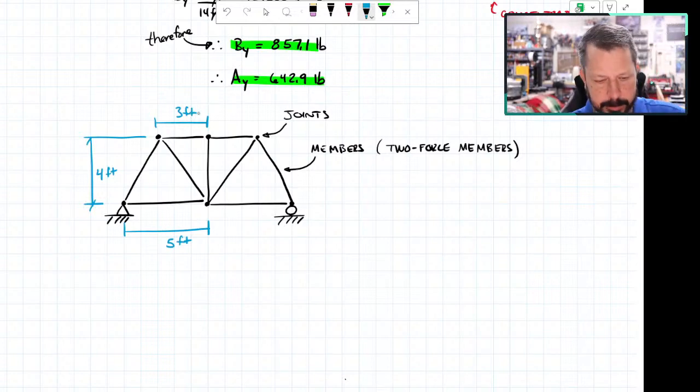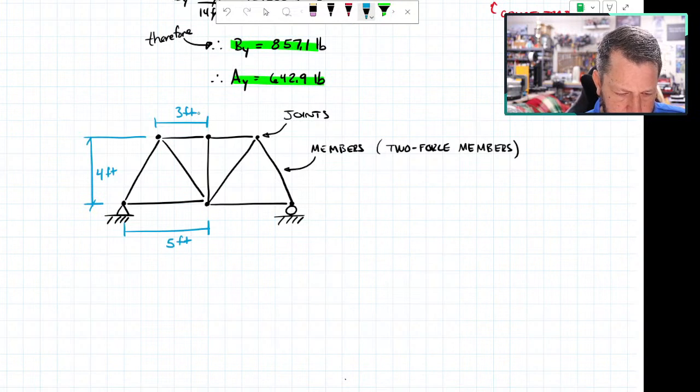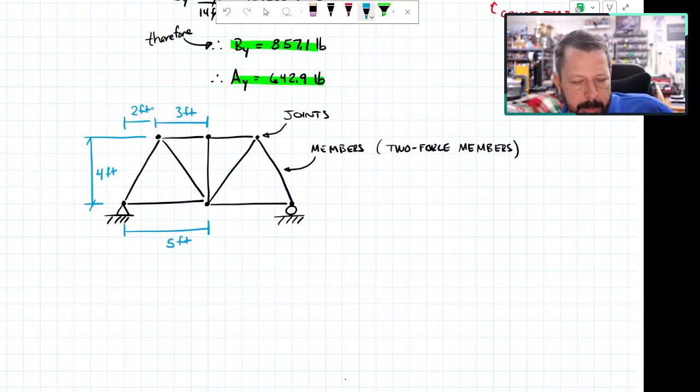And the other side's just similar to that. So I guess we also have this dimension. That's 2 feet.